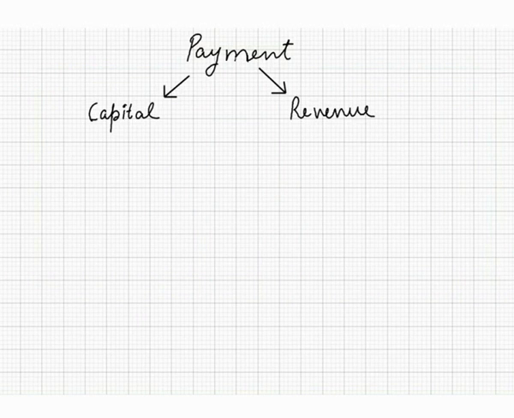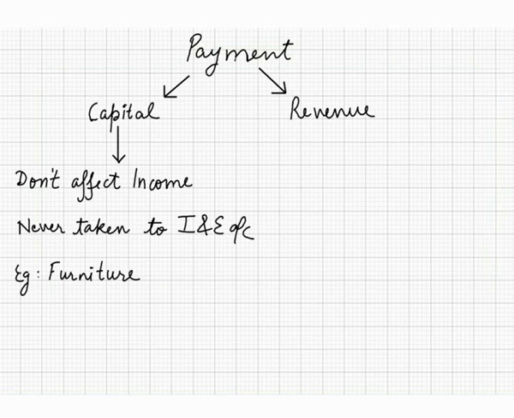Capital payments are those payments which don't affect our income. I mean to say, these payments are never taken to the income and expenditure account. For example, if you buy furniture and you pay cash for that, that payment will be shown on the credit side. But when you buy the furniture, your income is not affected by that.